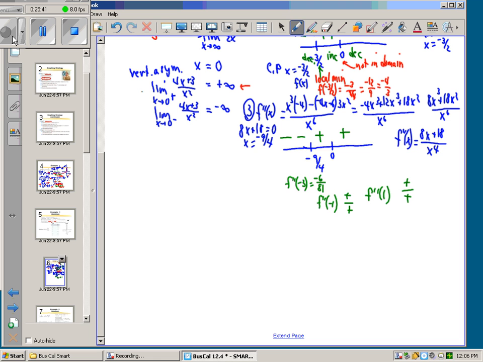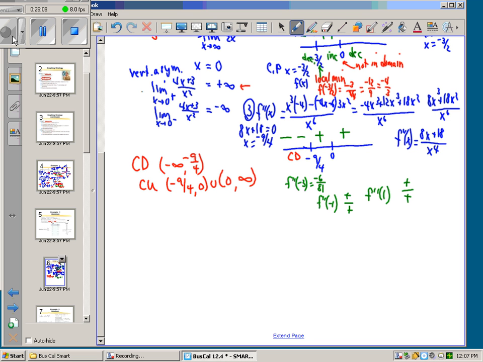So what's happening then is that we have the function concave downward from minus infinity to minus 9/4, and it's concave upward from minus 9/4 to 0 and from 0 to infinity. Now I can't combine those into one because at 0, the function doesn't exist.